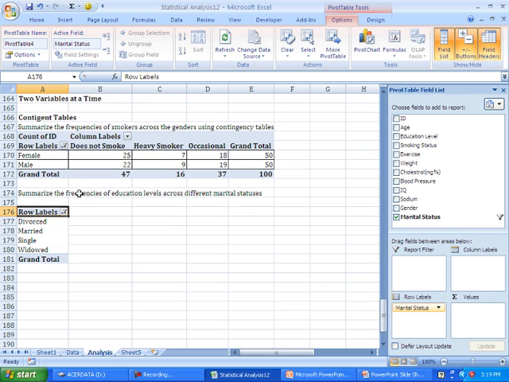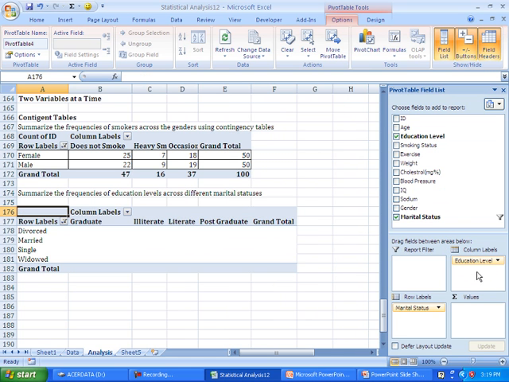Similarly, I want the education levels across the column. So I'll go and select the education levels and put it in the column labels, which will again show the 4 different education statuses across. And now I want the count or the frequencies who are falling into each of these combinations.